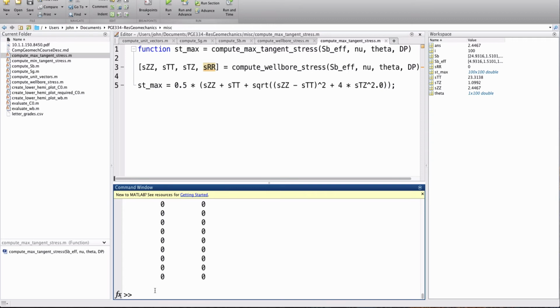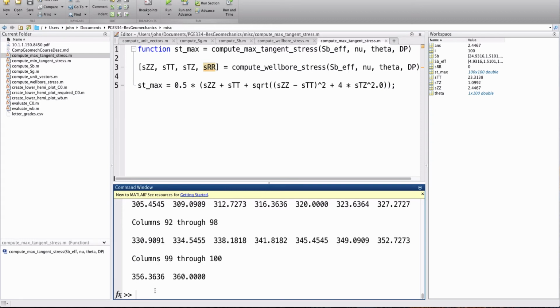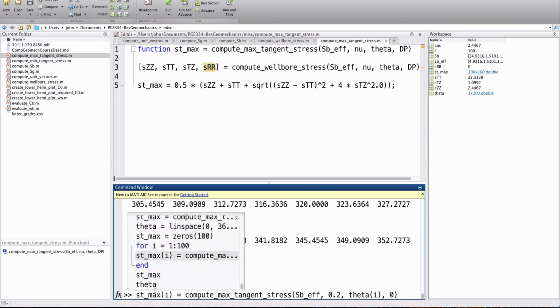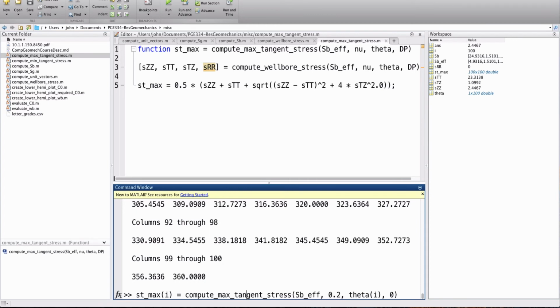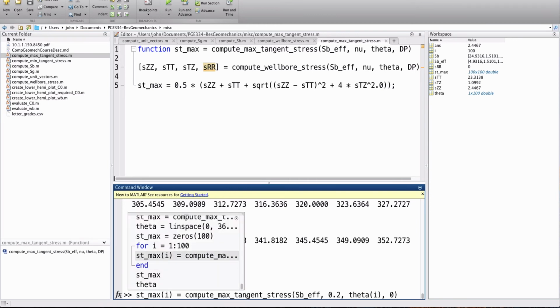Right, theta. Anybody see what I'm doing wrong?